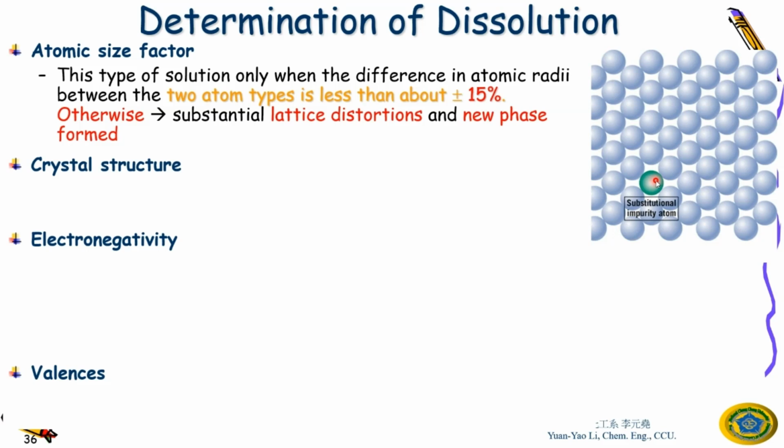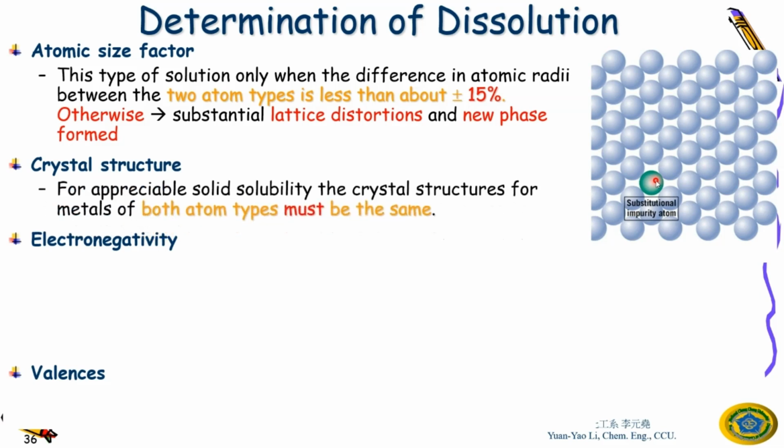Okay, so the first important point is the atomic size factor. It has to be less than plus or minus 15%. The second key point is crystal structure. For appreciable solid solubility, the crystal structures for metals of both atom types must be the same.